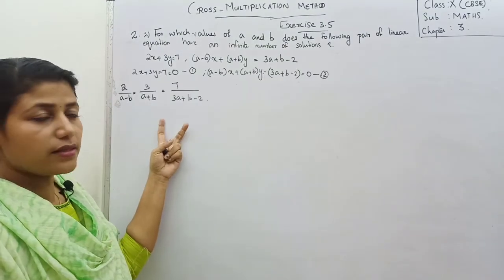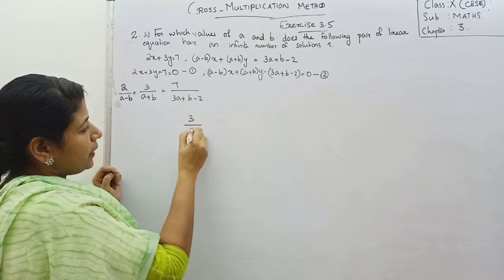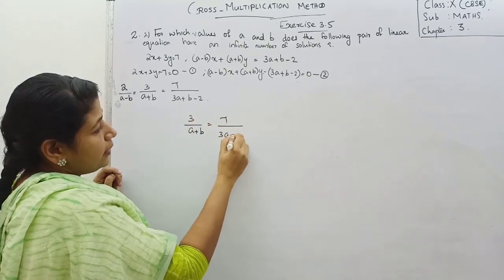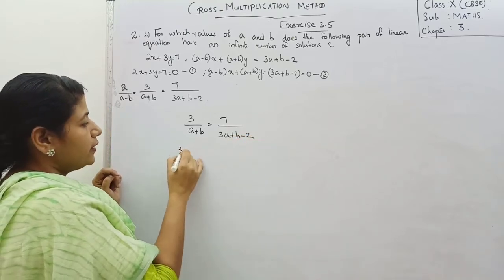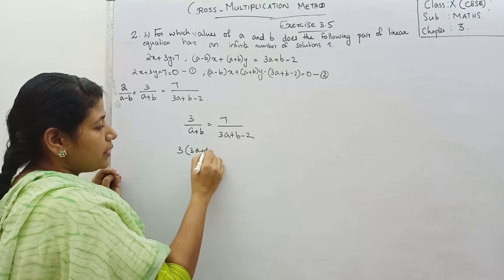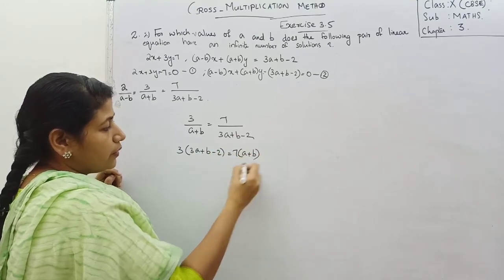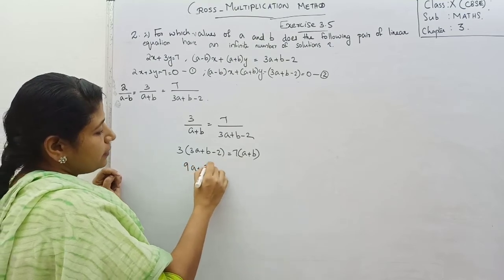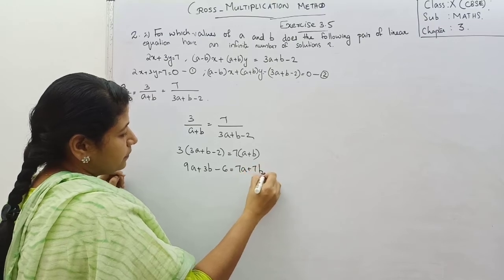Now take the second and third ratios: 3 by a plus b equal to 7 by 3a plus b minus 2. Here also we want to cross multiply. Then you will get 3 into (3a plus b minus 2) equal to 7 into (a plus b). Just open the brackets, you will get 9a plus 3b minus 6 equal to 7a plus 7b.